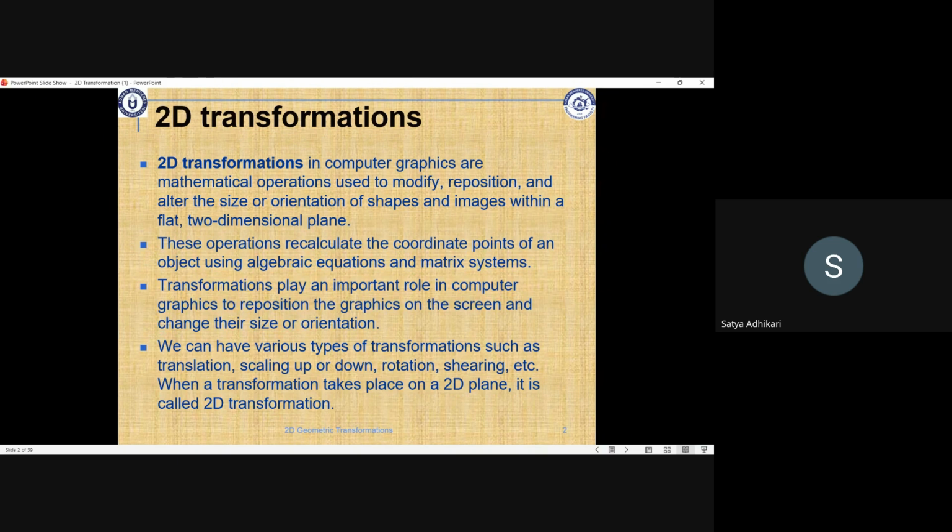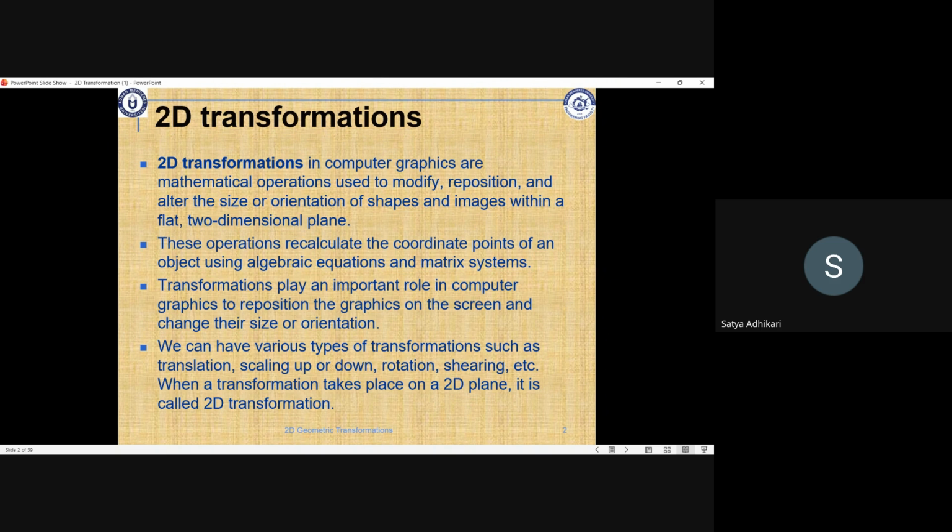The proper definition is here. 2D transformations in computer graphics are mathematical operations used to modify, reposition, change the size, or alter the orientation, rotation of shapes and images within a flat two-dimensional plane. That is why the name is 2D transformation.